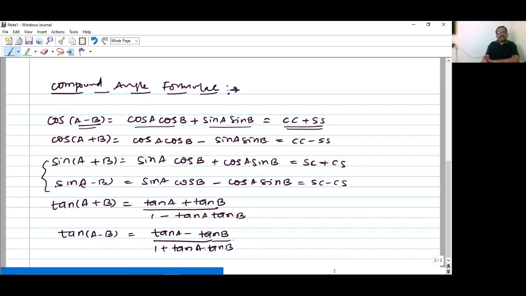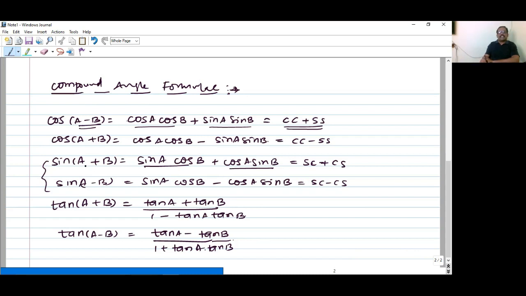And for the formula for sine a plus b or sine a minus b, the pattern is that we need to take sine and cos both, right? So here sine cos, here cos sine, so order is also important here. So sine a cos b plus cos a sine b, first sine then cos, then first cos then sine, sc cs. In this order we need to write the formula. Sc plus cs is nothing but the formula for sine of a plus b.